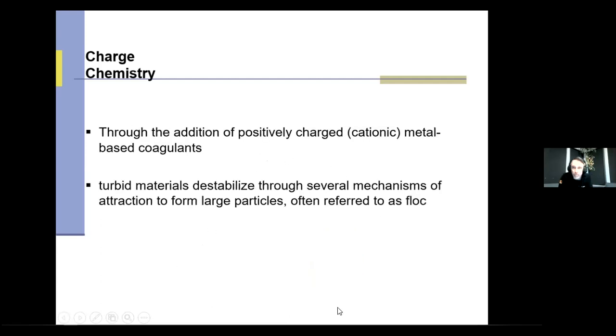How? We add something positive. So think about coagulant. It's nothing more than negative or positive charge, so liquid positive charge. That's what we need. We need to, chemistry anyway, destabilize. Right? A fancy way of saying add some positive charge.